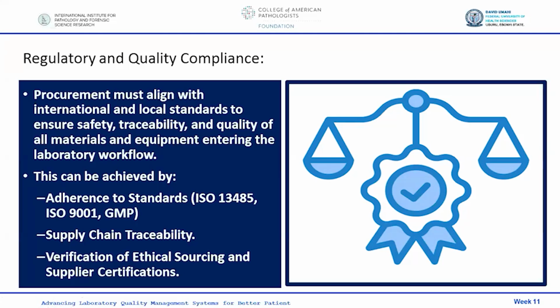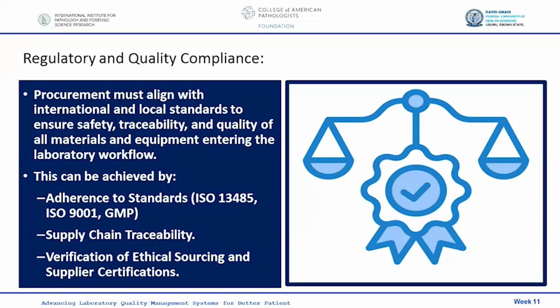So another way to achieve regulatory and quality compliance is by verification of ethical sourcing and supplier certification. Labs should ensure that suppliers they are dealing with comply with ethical labor practices and environmental regulations. Remember what we said about environmental considerations.